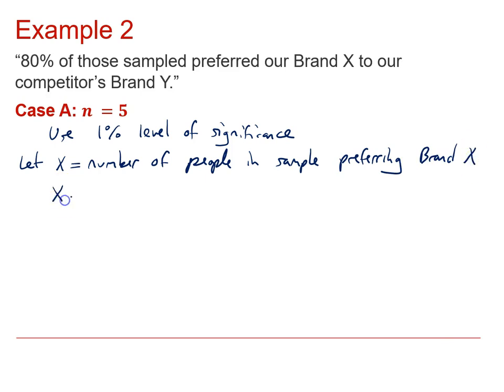So, if n is equal to 5, X is distributed binomially with 5 trials and P probability of success. Our null hypothesis would be that the population has no preference.